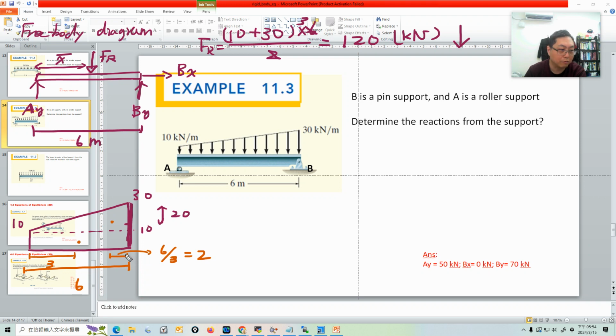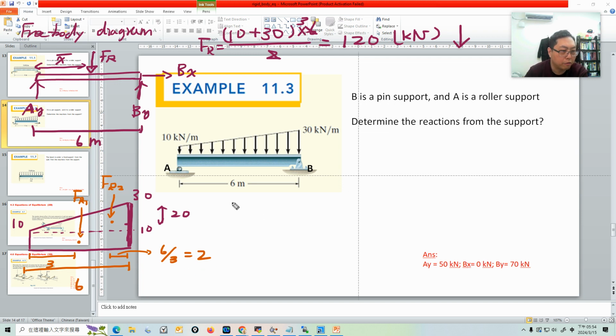Just convince yourself this is the centroid of a right triangle; I don't want to explain this anymore, as it should be basic knowledge in mechanics of materials. Then we have a resultant force for area 1, I call FR1, and for area 2, FR2.